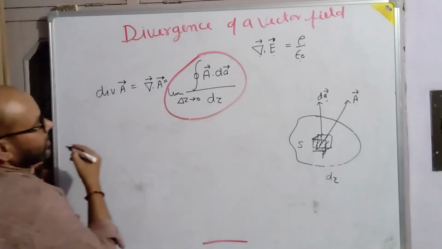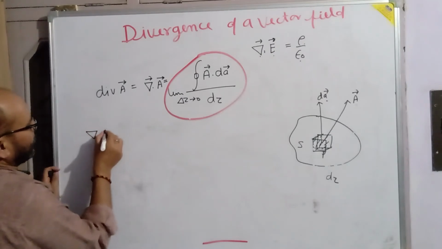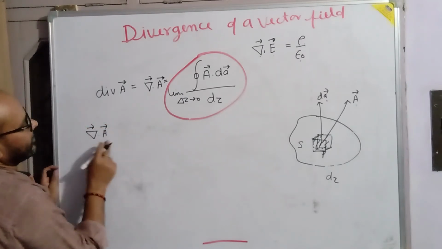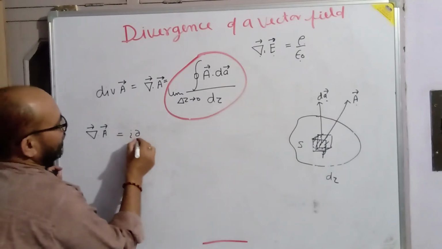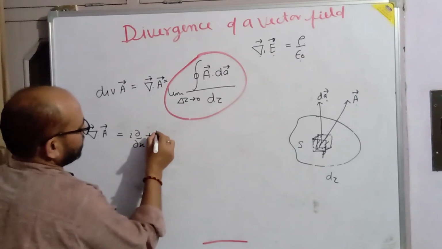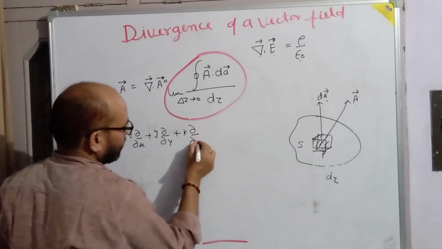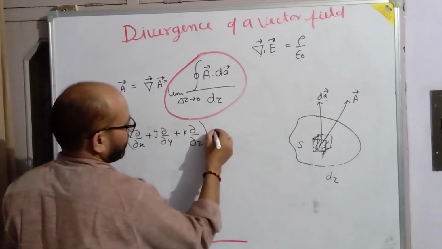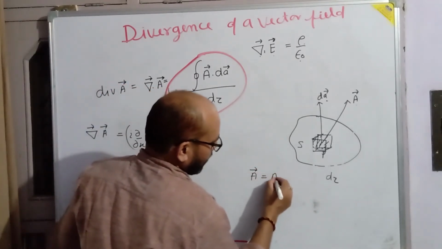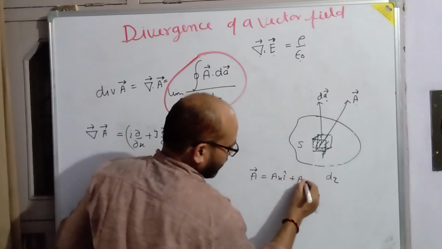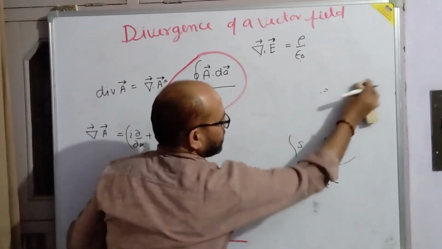You can write the divergence simply as del dot A. देखिए, both are vector functions, not a scalar. तो here del is i del upon del x plus j del upon del y plus k del upon del z. Here A is a vector. अब you can say A vector equal to ax i cap plus ay j cap plus az k cap.